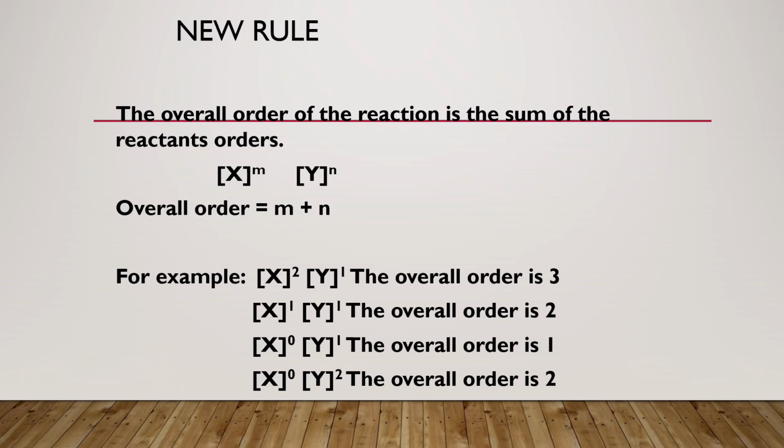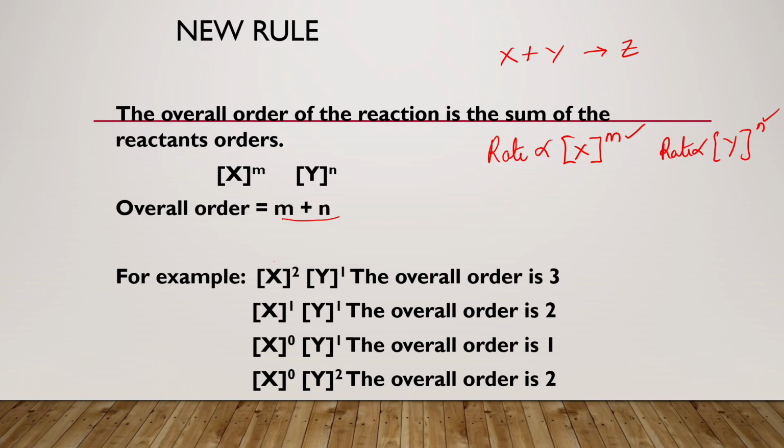Let's say you had a reaction X plus Y gives Z, and you arrived at a specific relation after making experimental observations that rate was proportional to X raised to the power M, and rate was proportional to Y raised to the power N. Here M and N are the orders with respect to X and Y. To deduce the overall order of the reaction, we just need to sum the powers.